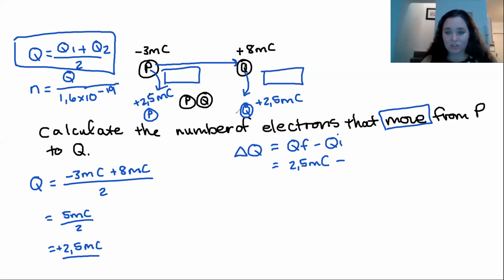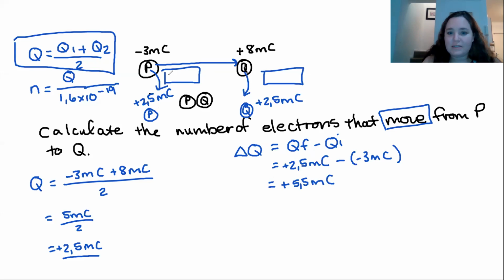So they've got the same magnitude, but opposite signs, because one's lost that amount of charge and one's gained that amount of charge, depending on which way the electrons move. So I'm going to do it for P here, but I promise you'll get the same answer if you do it for Q. So this is my final charge, and it's positive, minus my initial charge, which is negative 3 millicoulombs, and we end up with positive 5.5 millicoulombs.